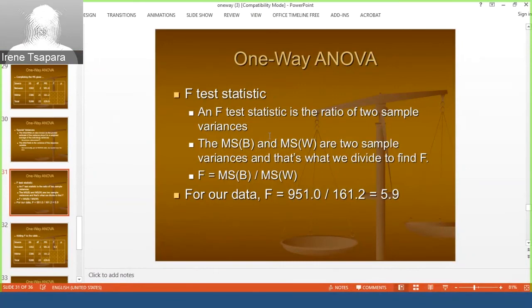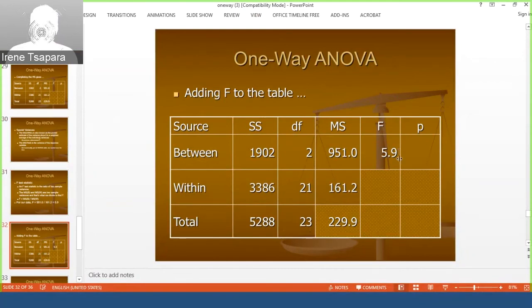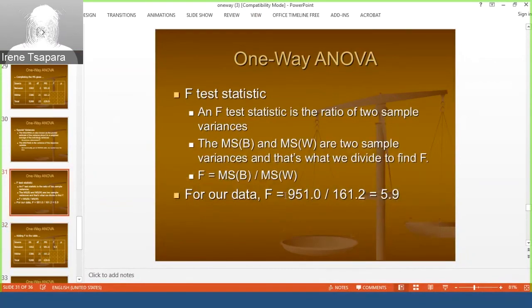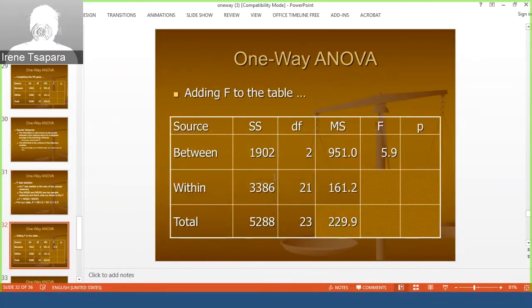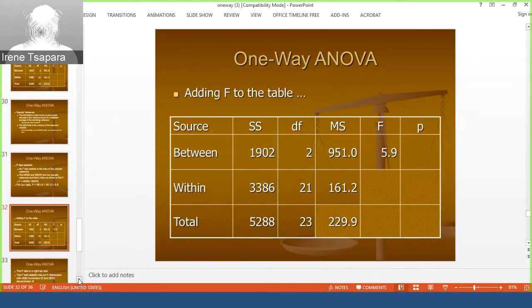We already have them, the MSB and the MSW. We divide the two of them in order to find the F test statistic. And the F test statistic for this case is 5.1, which is nothing else than 951 divided by 161. What is the 5.1? I'll come to that in a moment.